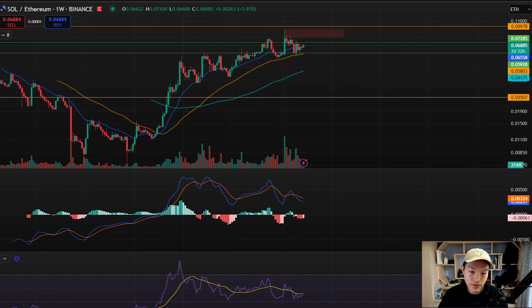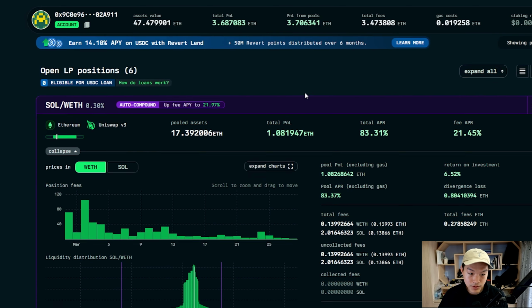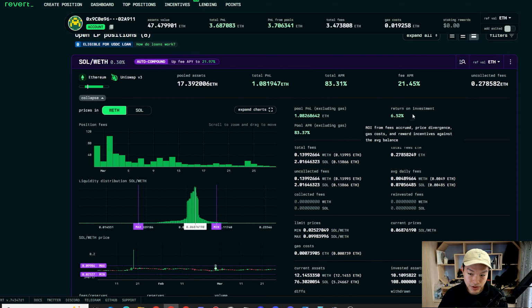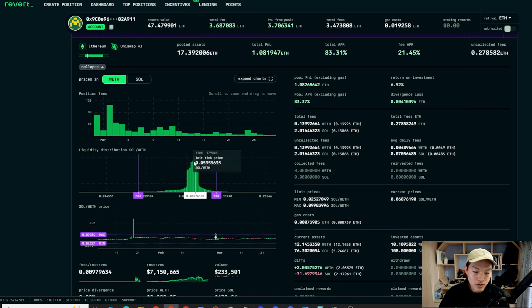So the same exact thing works with the crypto to crypto liquidity pool. If you look at my SOL and ETH position here, currently averaging about 21% APR. You can see my limit price is at 0.025 and max at 0.099 SOL/ETH. So quite a wide range, not like a lot of these tight range farmers here.